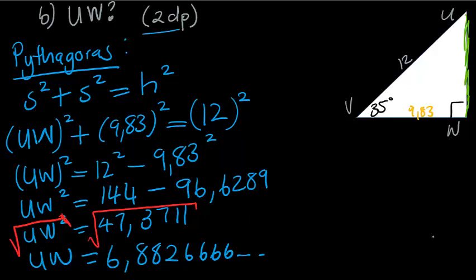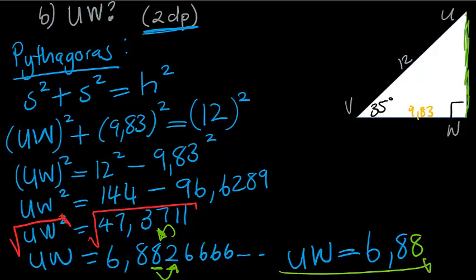Again, my question says 2 decimal places. So as 2 decimal places, I look at the next number. 2 says stay the same, so the 8 stays the same. My answer is going to be 6,8. So that is using Pythagoras to answer the question.